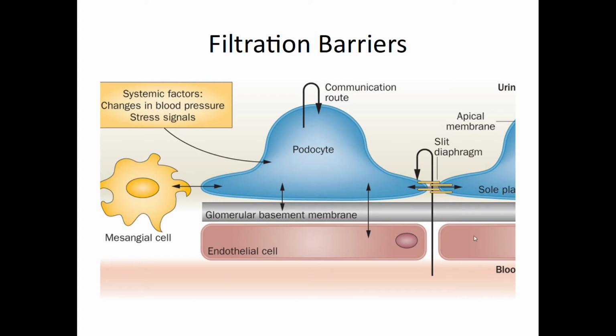So we have the normal endothelial cell barrier, we have the basement membrane that's forming that structure, and then we have the slit diaphragm. And altogether, that's going to work to keep all of the blood cells and proteins in the capillary, even while a lot of water and stuff that's dissolved in water is going out.